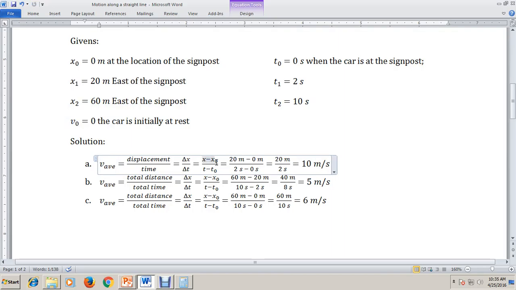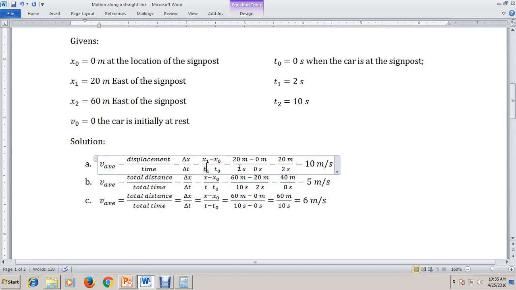So this is x sub 1 minus x sub 0 over t sub 1 minus t sub 0.